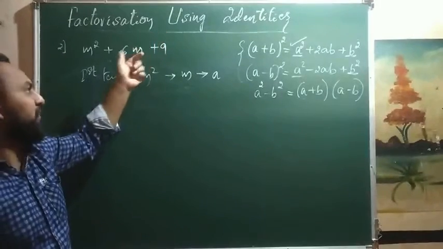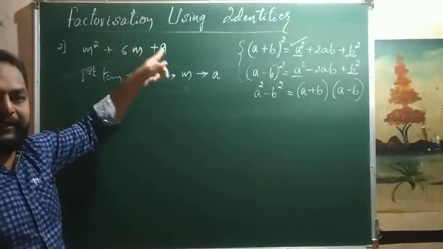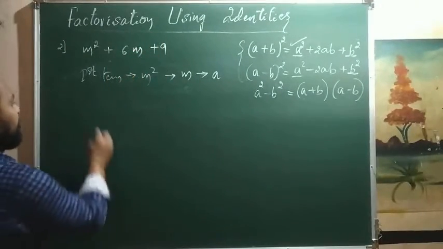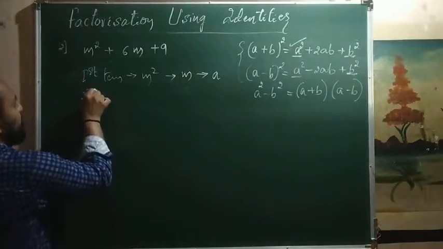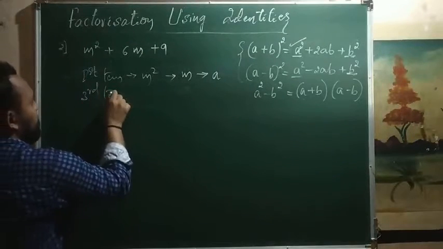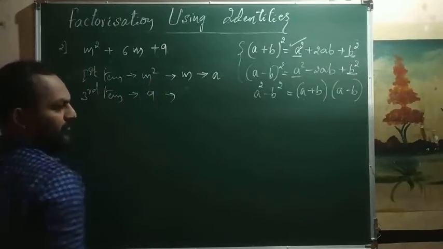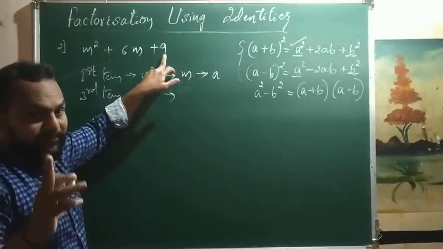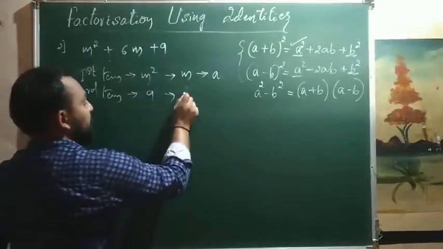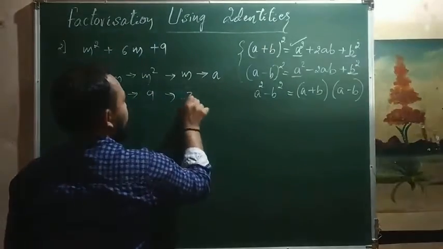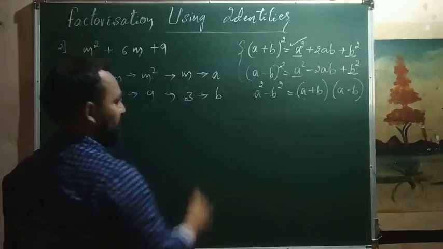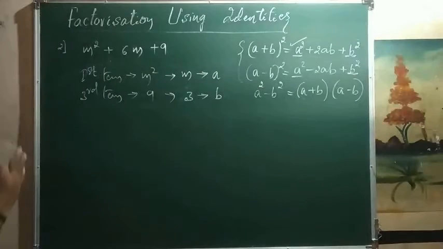Then the third term, 9. The square root of 9 is a perfect square. The square root of 9 is 3, and 3 is b.